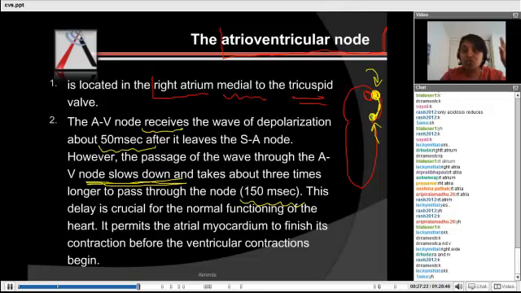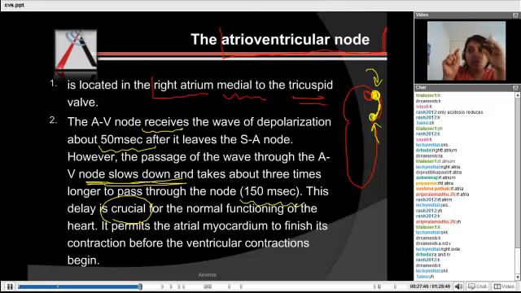This delay is crucial. Why is this delay important? Because the human body is designed such that the atria should complete their contraction before the ventricles contract. So when the SA node's impulse comes, it spreads in the walls of the atria. The atria are contracting now and the AV node will delay the impulse.